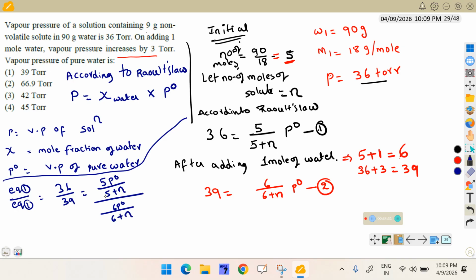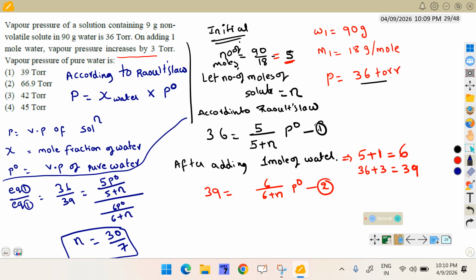You can simplify this, then after simplification the value of n is equal to 30 by 7.